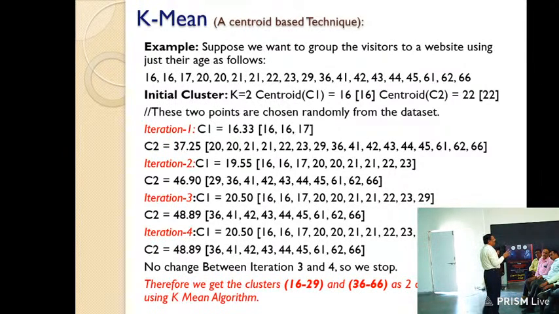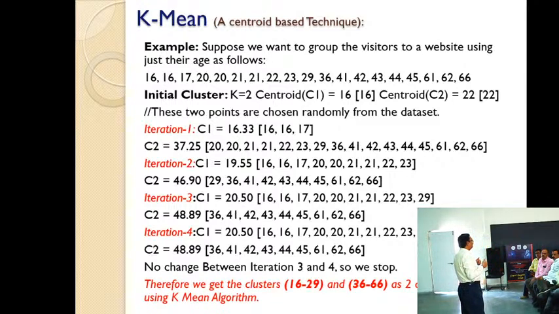Nowadays, in a MATLAB toolbox we have a ready-made function. We call that function, give our data to it, and get the result. We don't know how my k-mean algorithm will work.